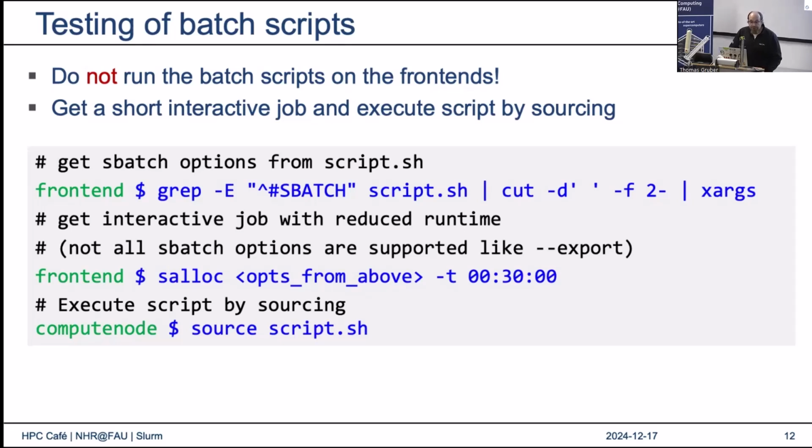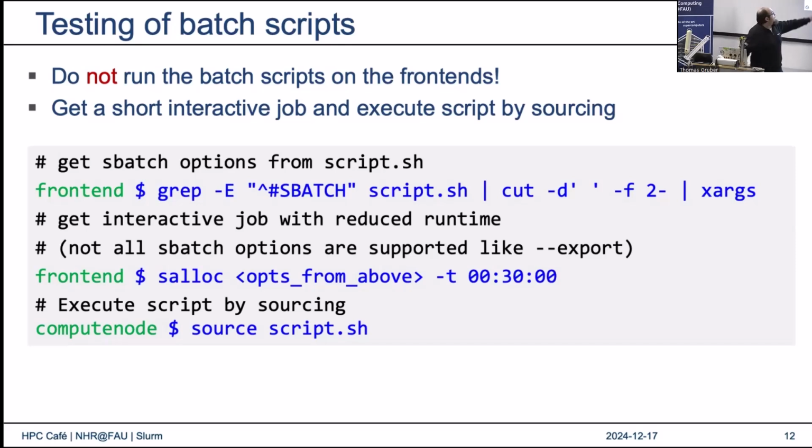If you don't want to do that, you can test your scripts inside an interactive job. How you can do that is described in our documentation. But basically, the first thing you need is all the SBatch lines that are defined in your shell script. You want the same resource specification in the interactive job as in the compute job that you fire up later.